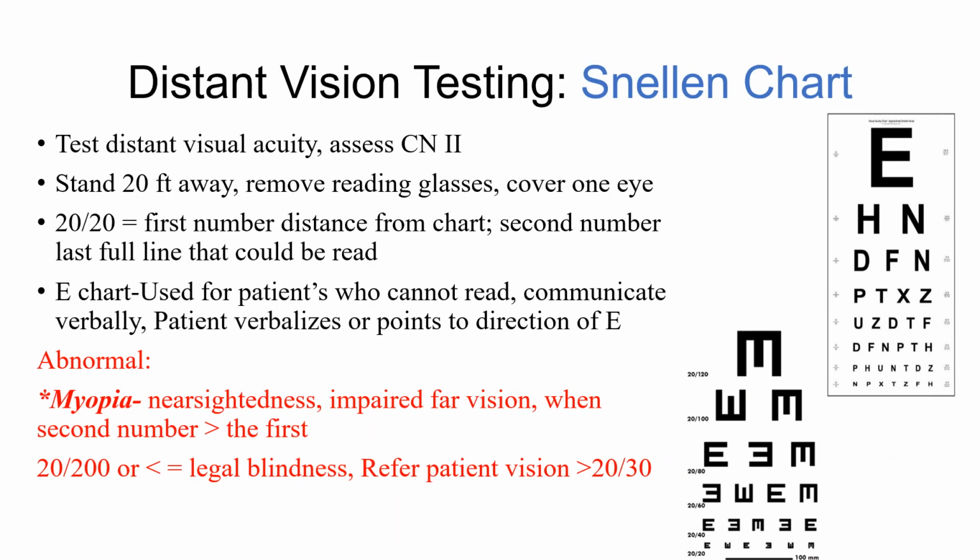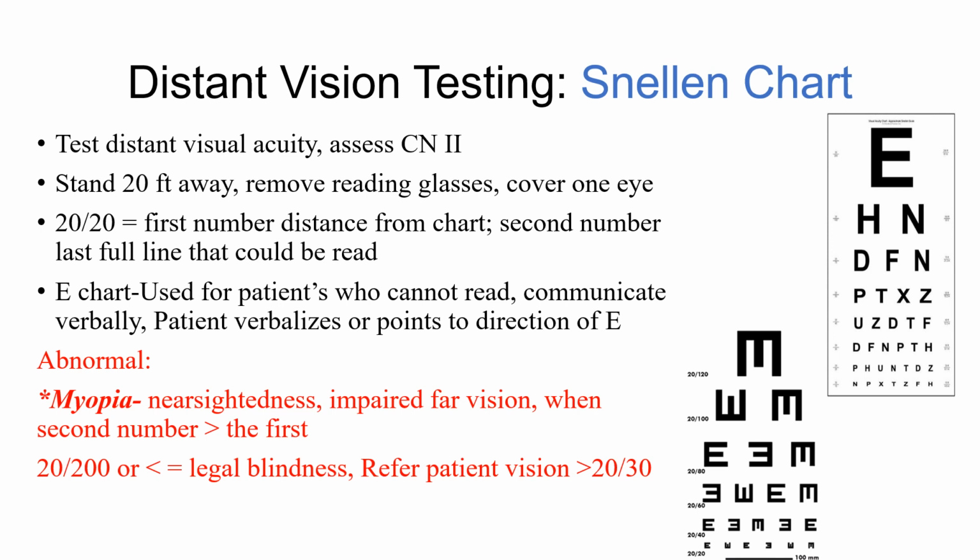Now we do some vision testing, and you probably had some of this yourself, the Snellen chart, where we're assessing distant visual acuity. We're standing 20 feet away and reading the rows. If somebody is nearsighted, that is considered myopia.